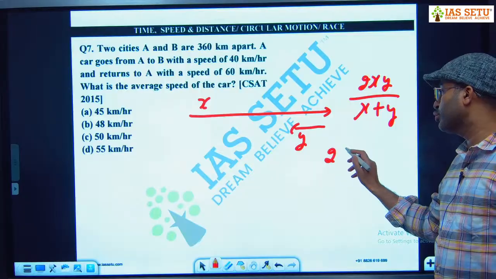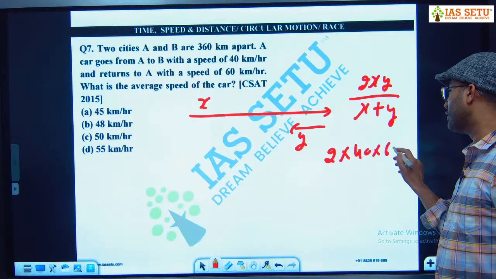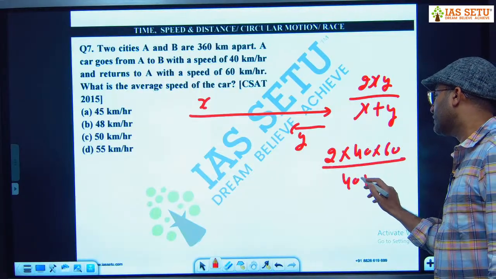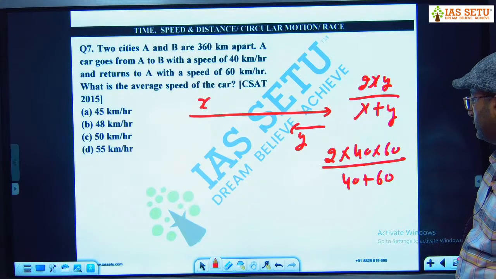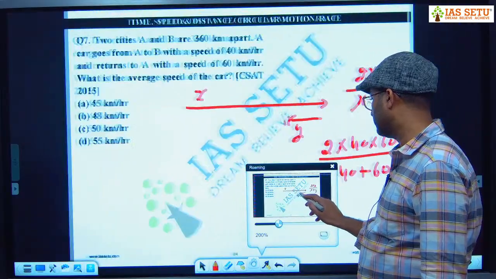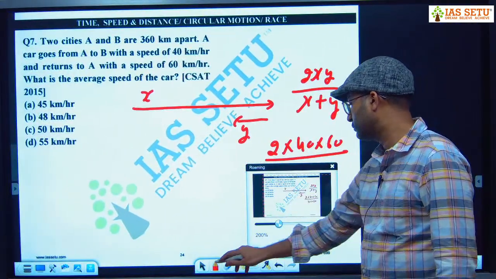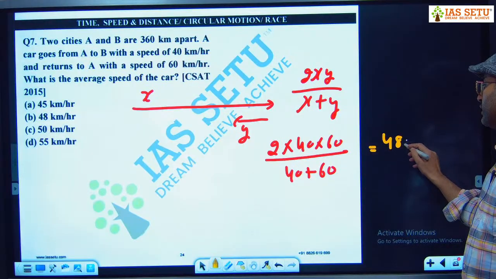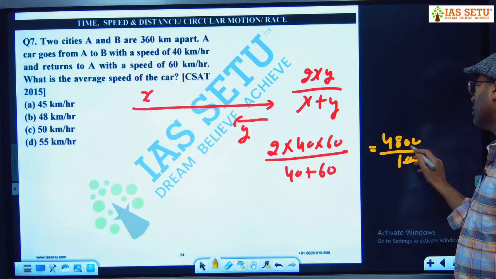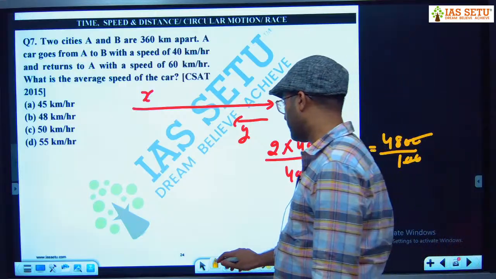So it will be 2 into 40 into 60 divided by 40 plus 60. क्या हो जाएगा ये? 4800 upon 100, 48 kilometer per hour.